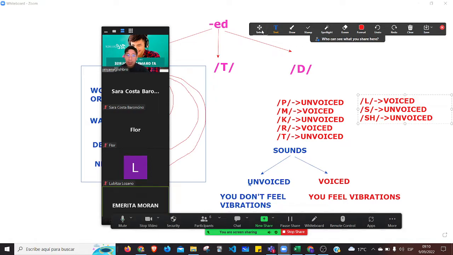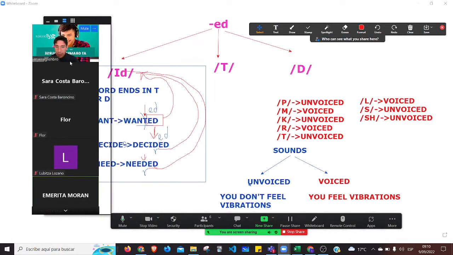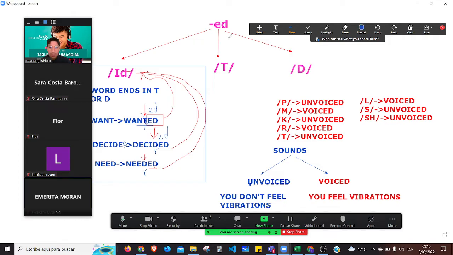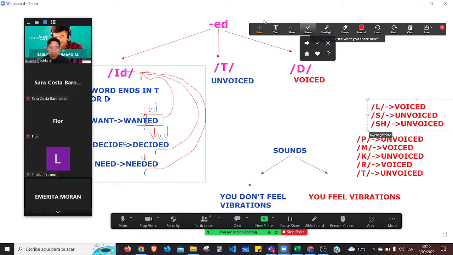So this is super simple. You are going to pronounce this like t when the last sound is unvoiced. And you pronounce like d when the last sound is voiced. For example, you have the word look.